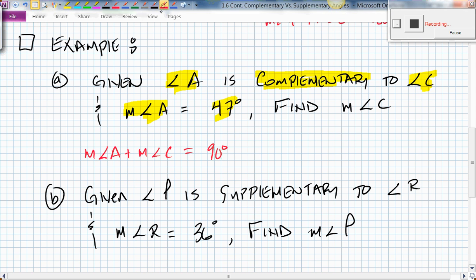So now in my problem here, I can replace this with 47 degrees plus the measure of angle C has to be 90 degrees, and it's asking me to find the measure of angle C. So that means the measure of angle C must be 90 degrees minus 47 degrees. So the measure of angle C must be 43 degrees.